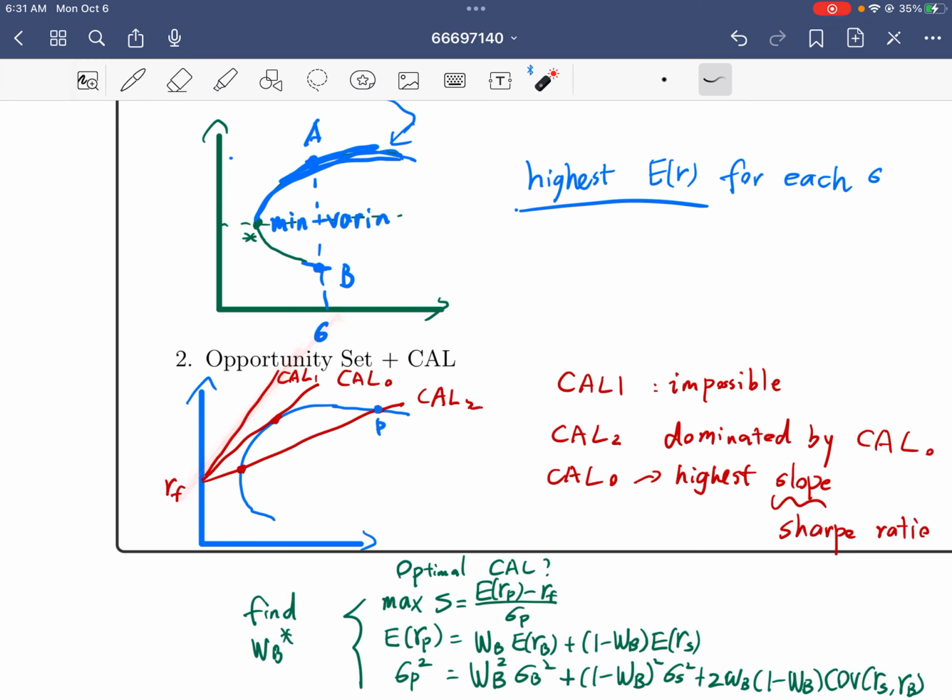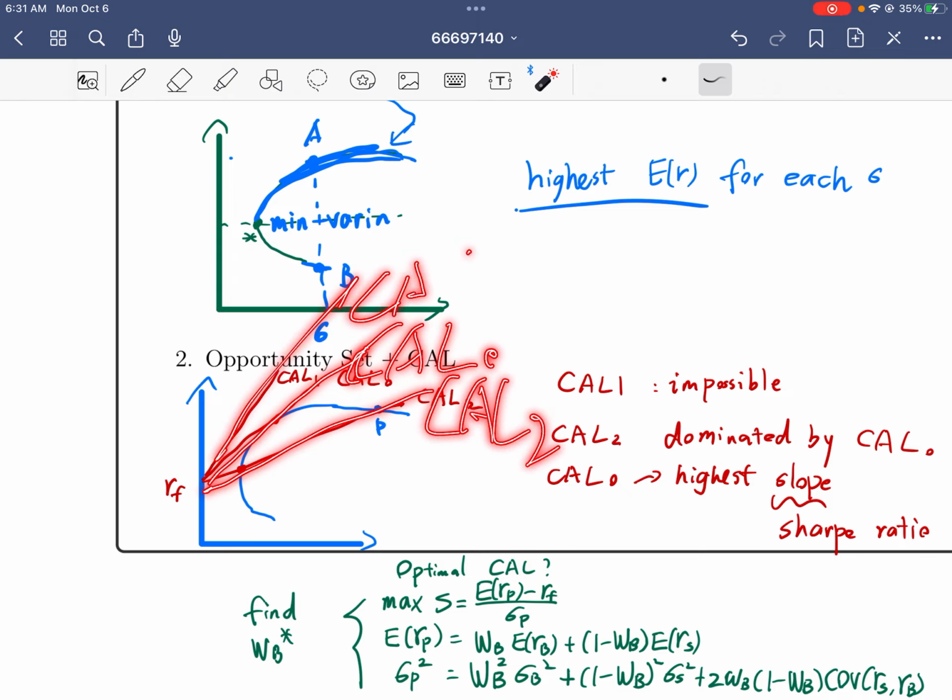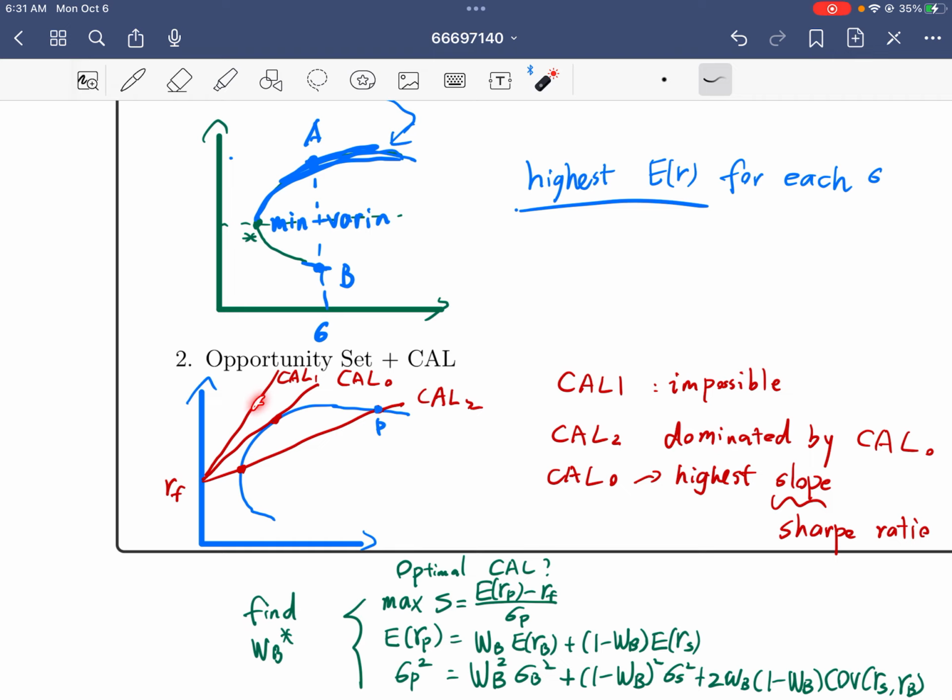Here we have an example of the optimal capital allocation line, capital allocation line 2, and capital allocation line 1. Line 1 is impossible because we don't have any portfolio on that capital allocation line. We cannot draw this one.